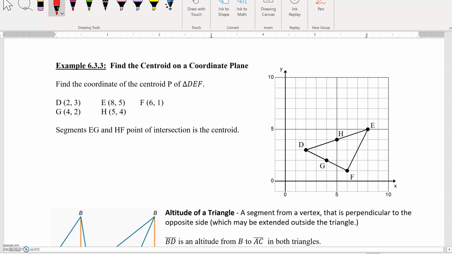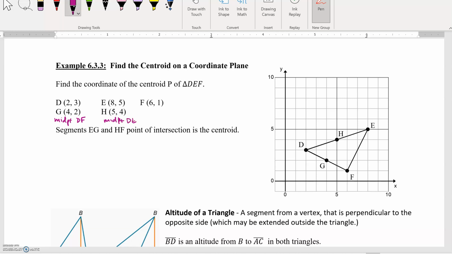Okay, centroid in the coordinate plane. Here are the coordinates. We are told to find the coordinates of point P. We have D is (2, 3), E is (8, 5), F is (6, 1). This is the midpoint of DF, and this is the midpoint of DE.